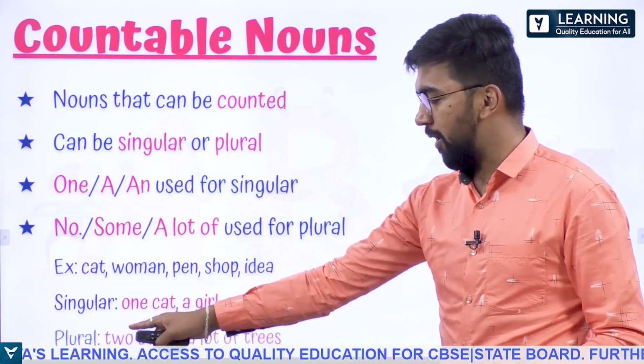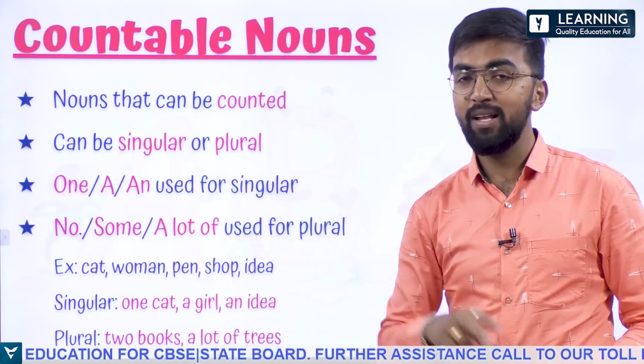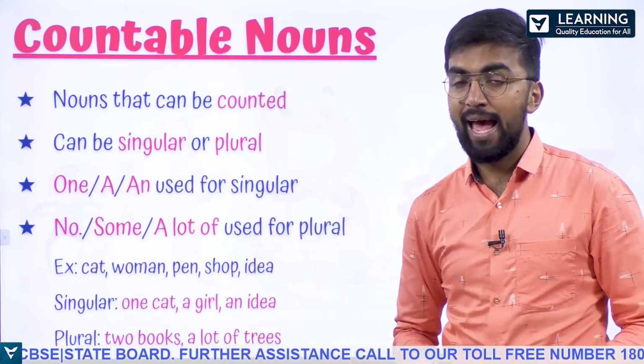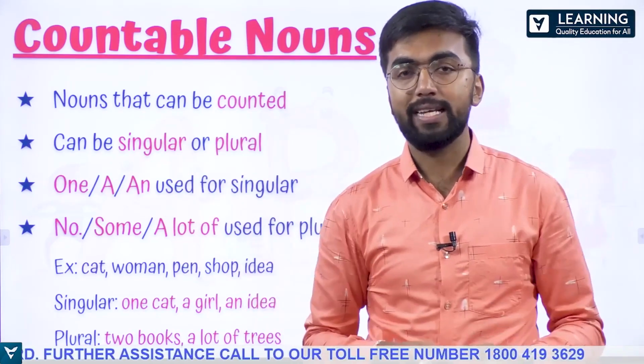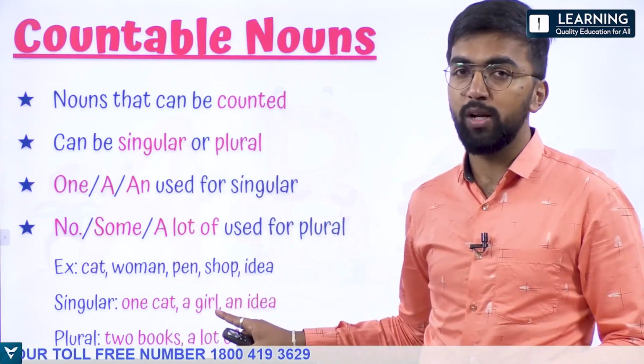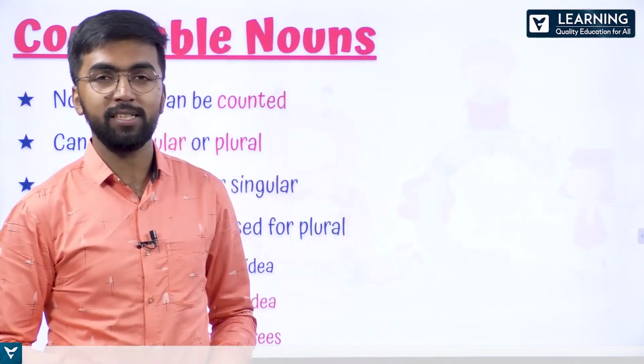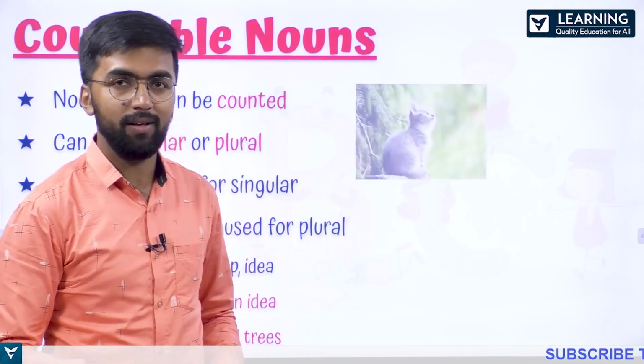The plural form, 2 books. How many of you remember the example? 2 books and a lot of trees. These are countable but plural. Countable but plural. Let's look at these examples to understand better.